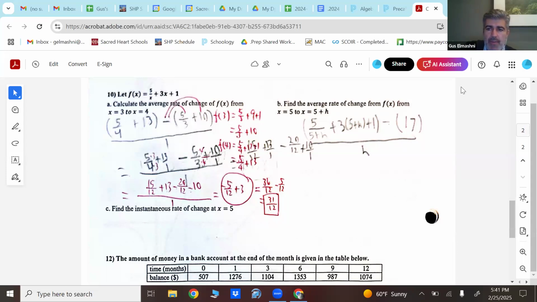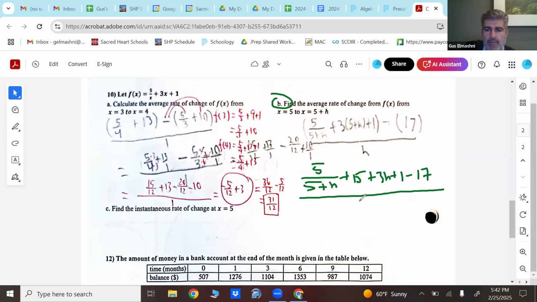So let's talk about how to finish off the problem for part B. So you can have 5 over 5 plus h, plus 15 plus 3h plus 1 minus 17, all over h.